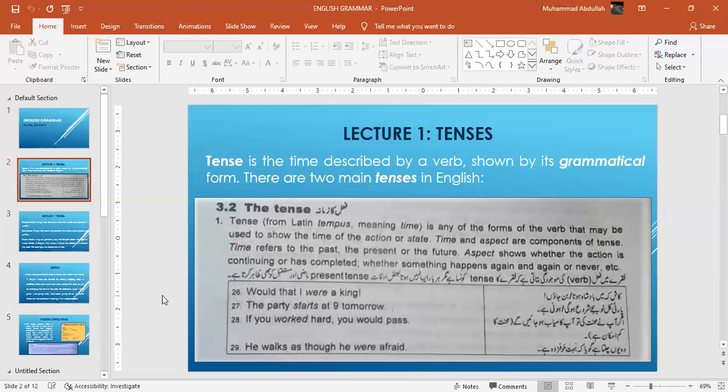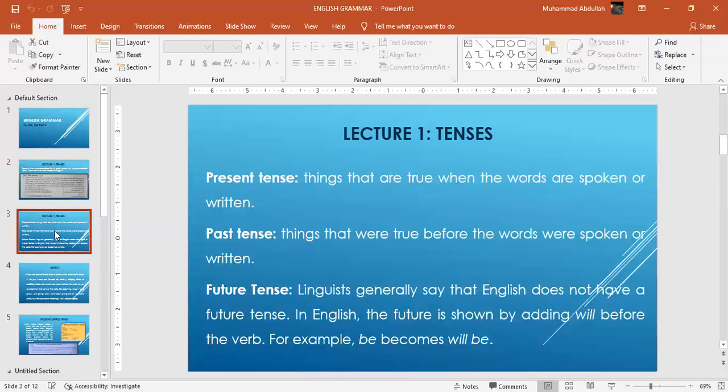But sometimes some sentences use different forms of verb, not the present forms, and apart from this they are included in present tenses. Let me explain this concept more about present tense.